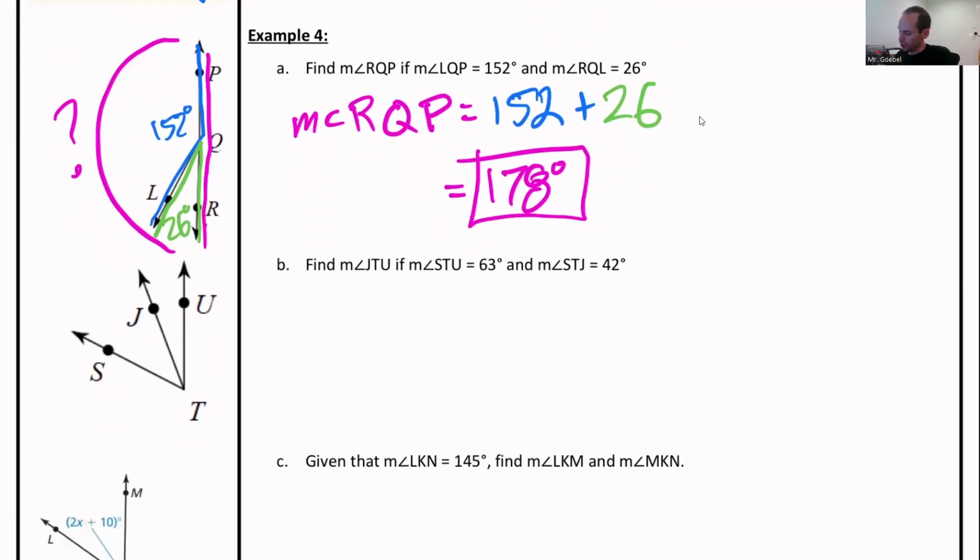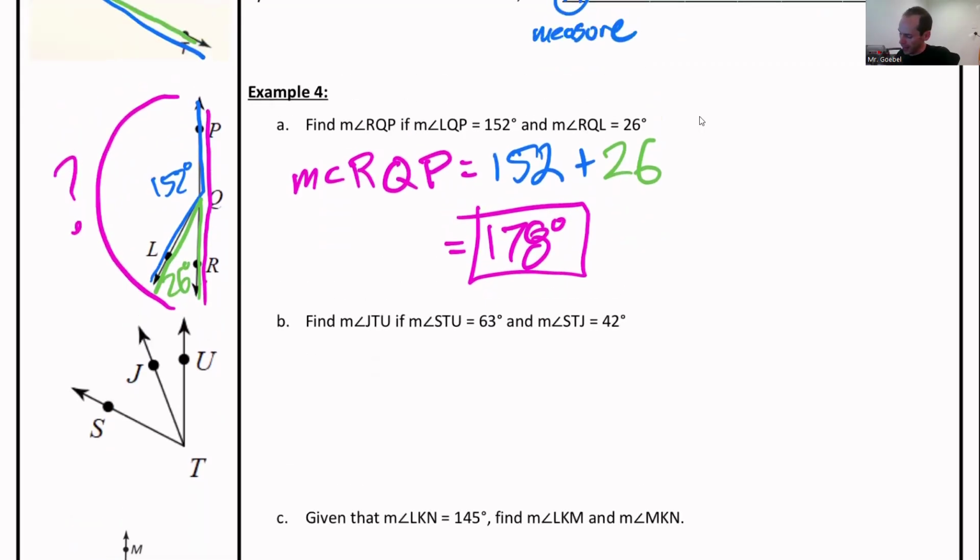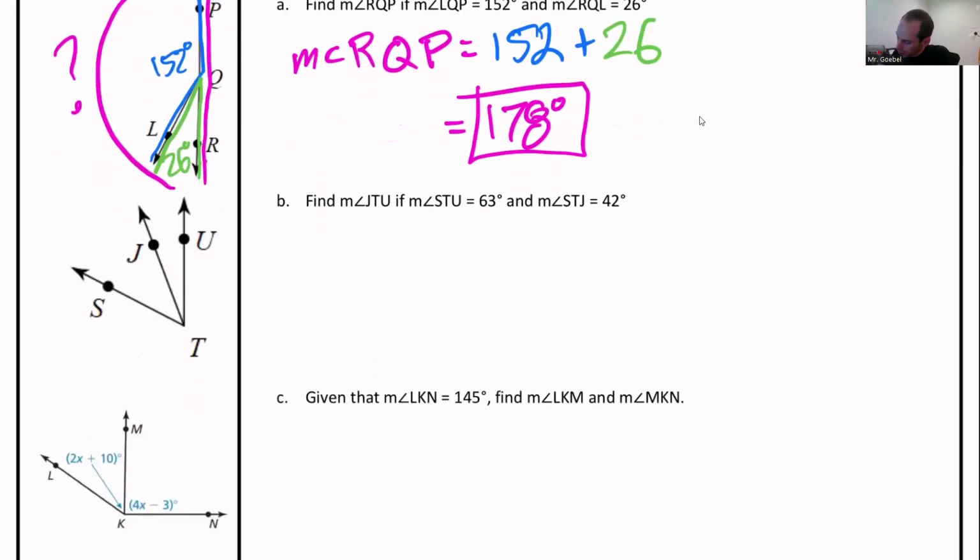Trying to find JTU. The measure of angle STU is 63. Let's label that angle, S to T to U. Notice that is the entire angle, 63 degrees. STJ is 42.